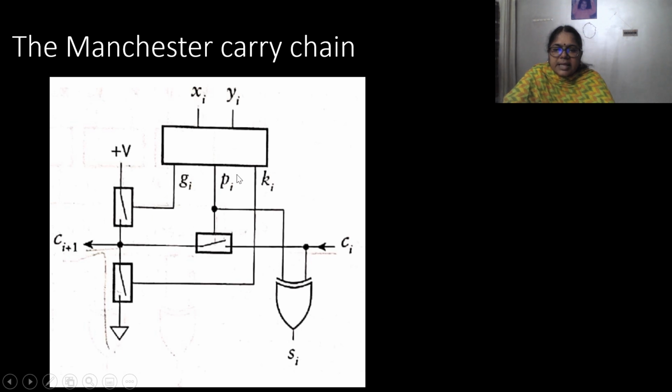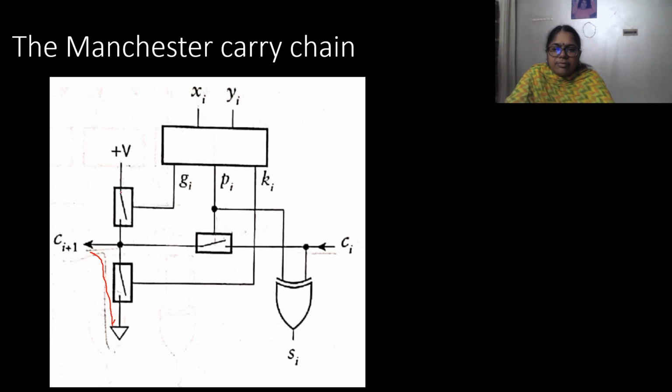Now, these signals are being given as the control signals to 3 switches here. If Ki = 1, then this particular switch is going to be on. So, when this switch is on, we know that the output carry is going to be discharged to ground.